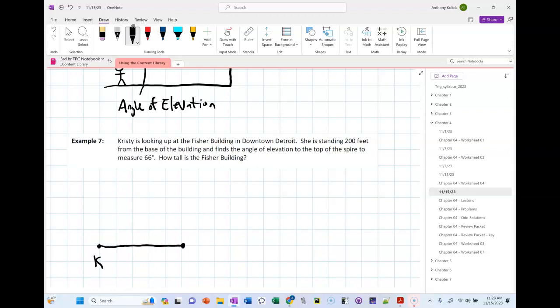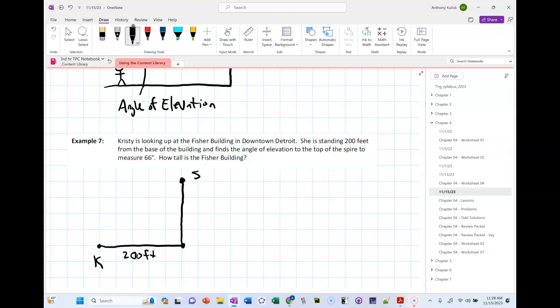So I'm going to put a K there at that point for Christy. And I'll label that S for the spire. We know that we are 200 feet from the base of the building.